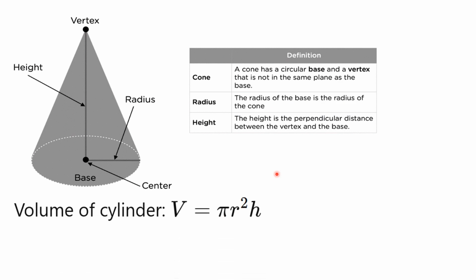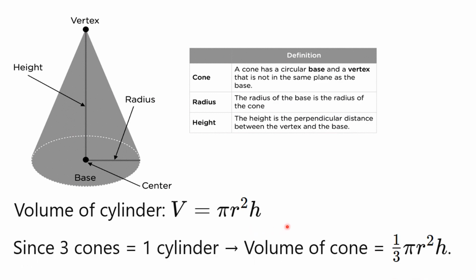The volume of a cylinder is V equals pi r squared times the height. Since 3 cones is equivalent to 1 cylinder, the volume of a cone is 1/3 times pi times r squared times height. Again, the volume of a cone is 1/3 times pi times r squared times height.